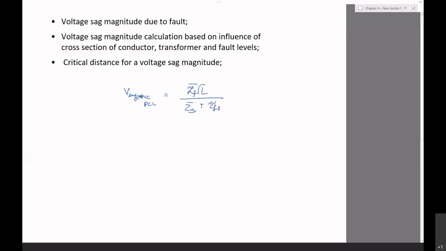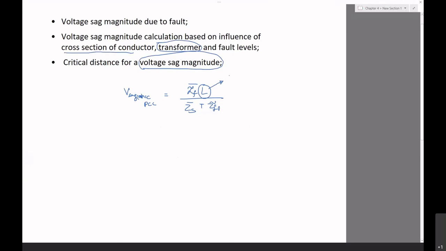How about the fault location? How will this voltage sag magnitude be influenced by the distance of the fault location from the point of common coupling? And also, if you have a transformer, how does it influence the voltage sag magnitude, and also the influence of the cross section of the conductor.